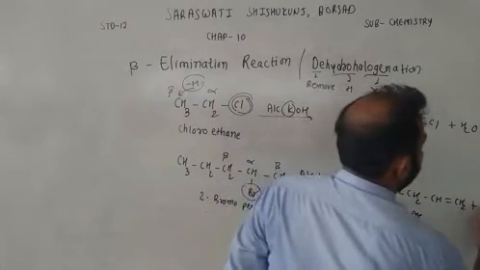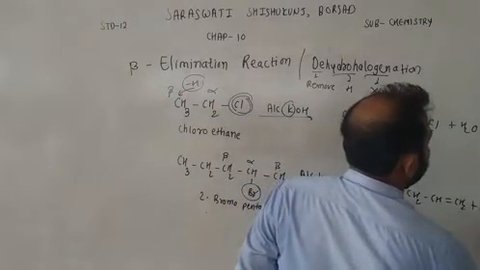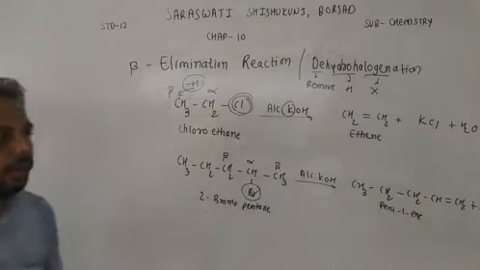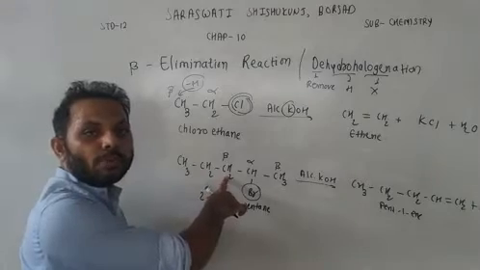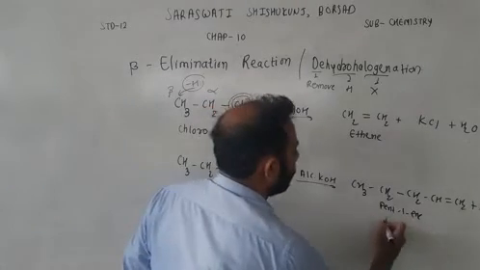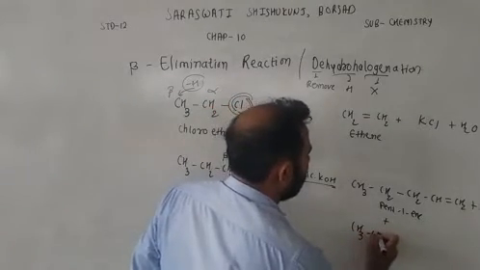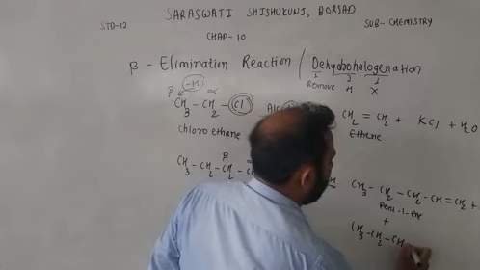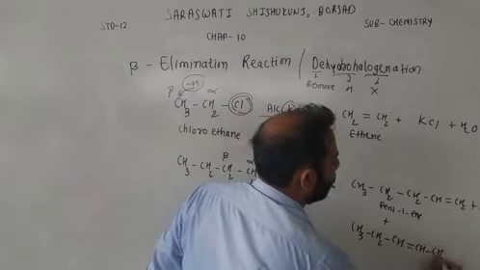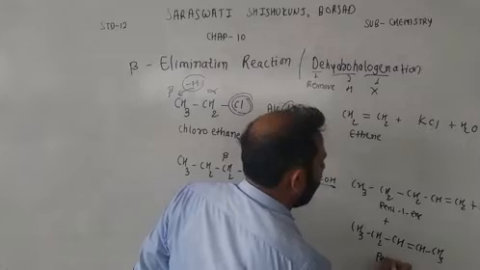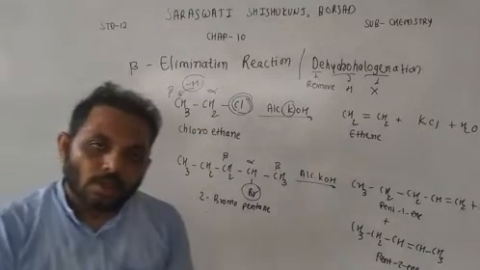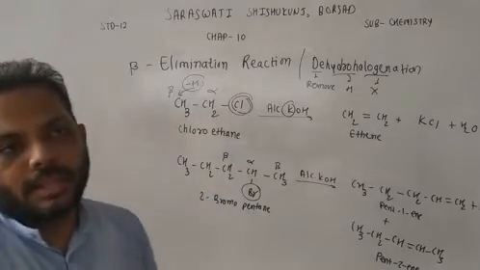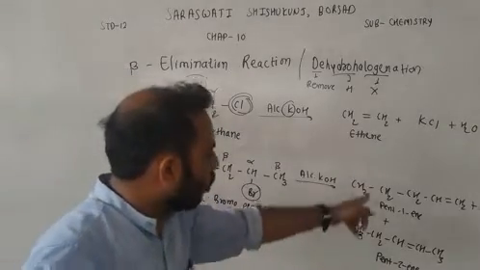Now another possibility is if hydrogen is removed from this beta carbon, then we can get CH3CH2CH=CHCH3. This is pent-2-ene. So if two beta carbons are there, then we can get two products.